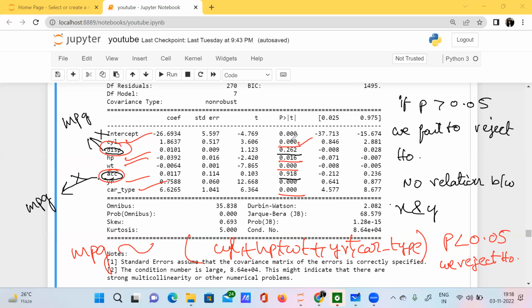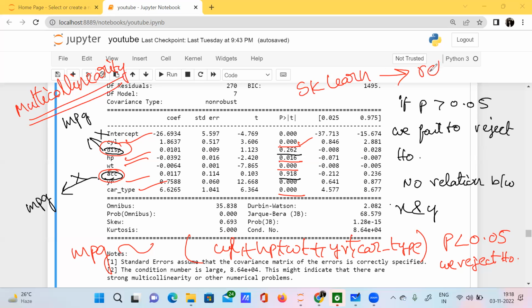So why is this happening here? The reason is the p values are actually changing. Why? Because of multicollinearity. So this is happening due to multicollinearity. Due to this reason, the sklearn library won't rely on the p values.